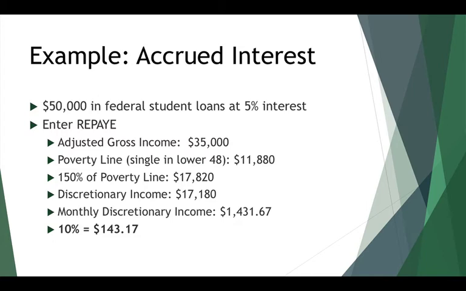So if you're single and live in the lower 48, that's $11,880. 150% of that's $17,820. The difference between your adjusted gross income of $35,000 and 150% of the poverty line is $17,180. Chop that in 12 for monthly income, that's $1,431.67. So 10% of your discretionary income would be $143.17.